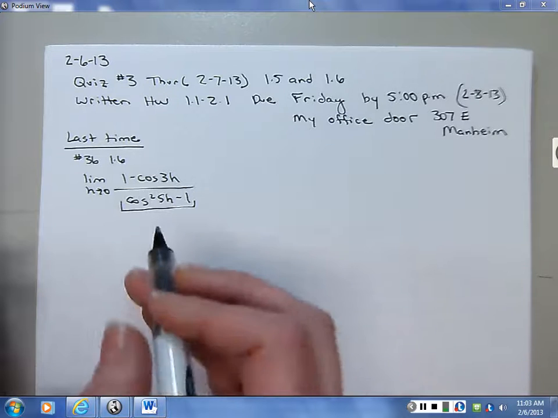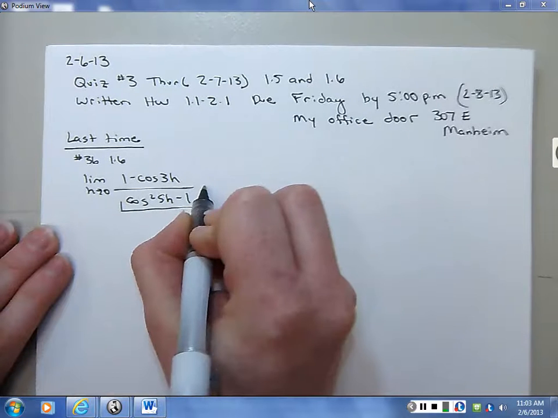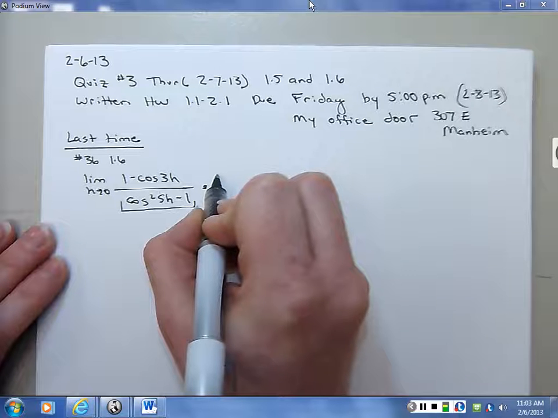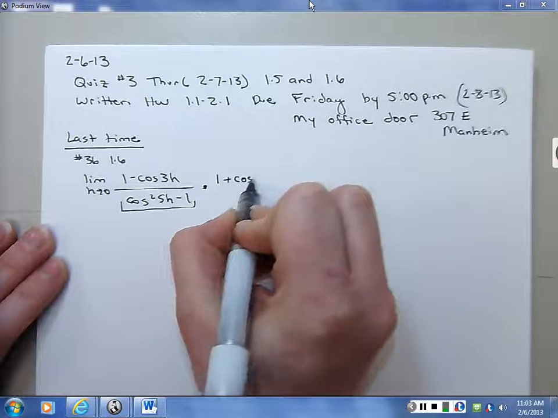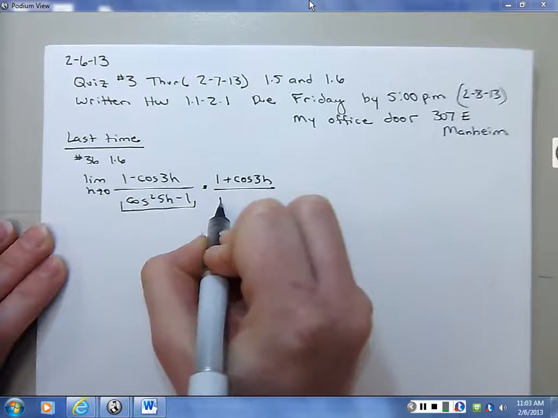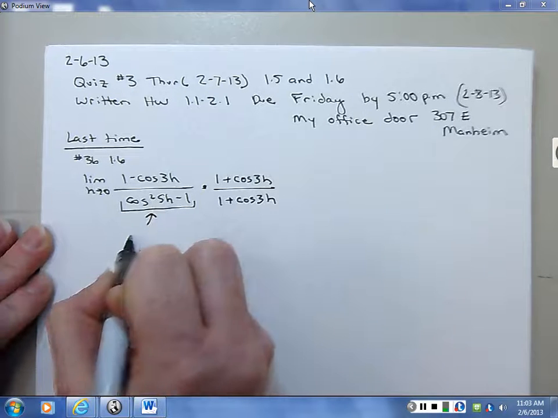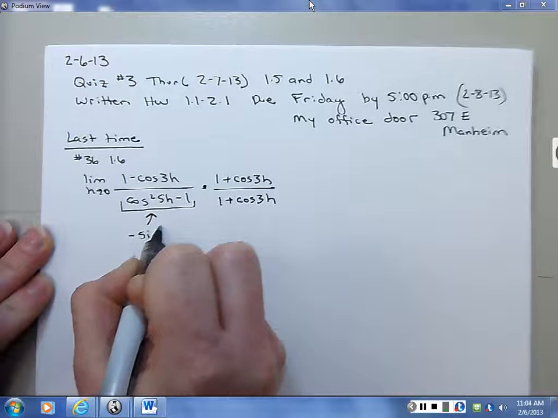So by doing this, I'm going to multiply top and bottom by 1 plus cosine of 3h. And then when I do that, I'm going to rewrite this as minus sine squared of 5h.